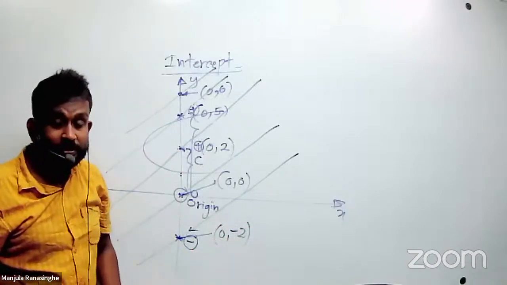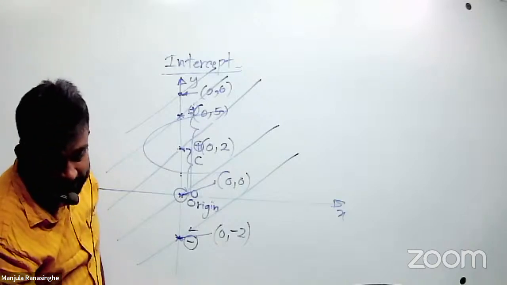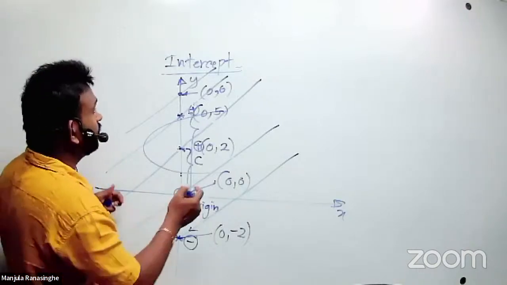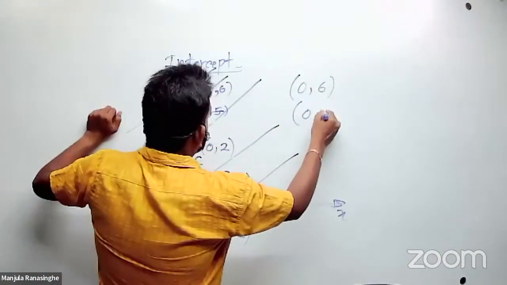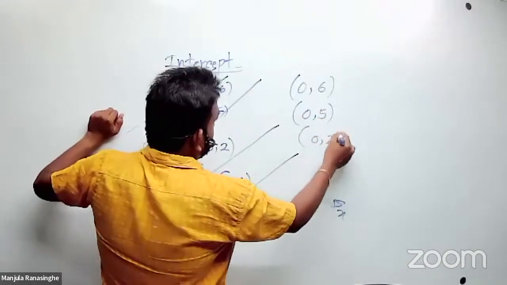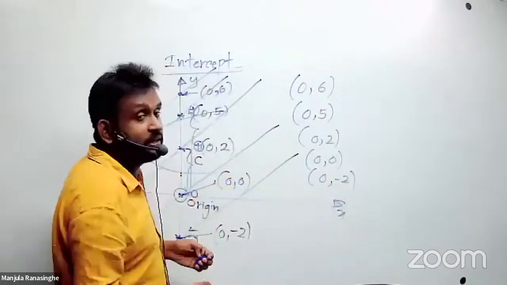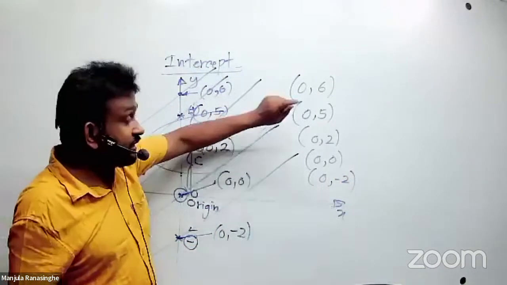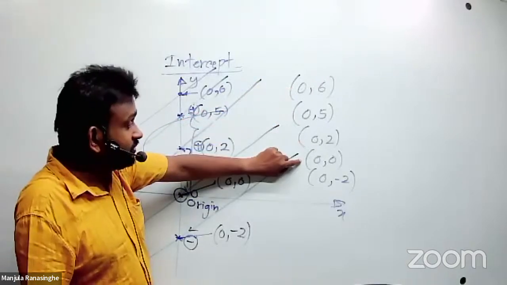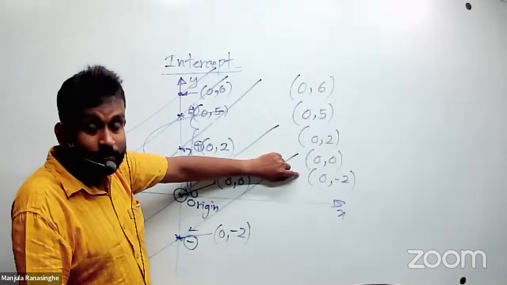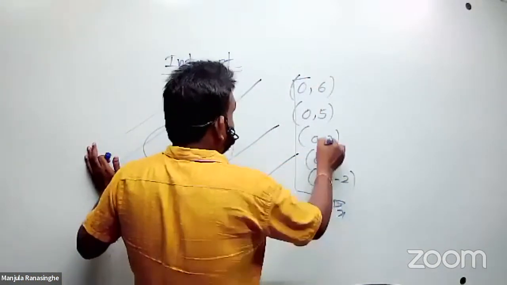Right, you see a very good concept here. What is the concept? In all the cases, the x-coordinates of all the intercepts are 0, right? So now you know how to identify an intercept when the coordinate is given, right? Imagine a graph is passing through these points 0,6, 0,5, 0,2, 0,0, right? So how to identify if it is an intercept or not?